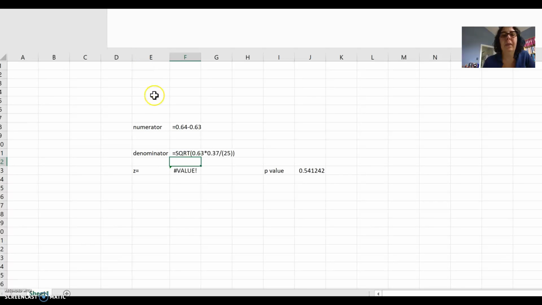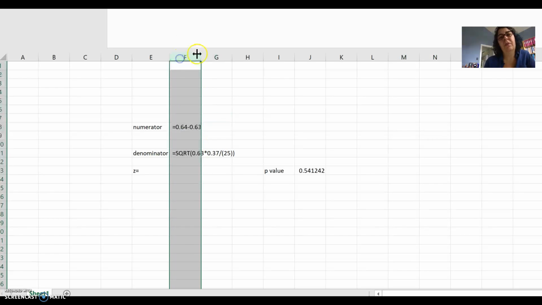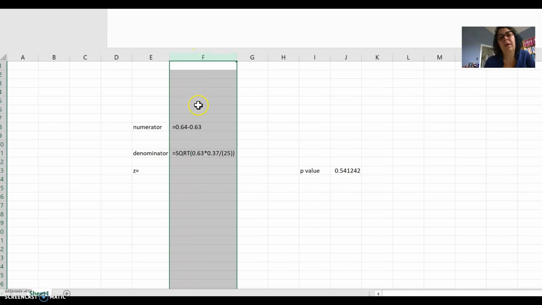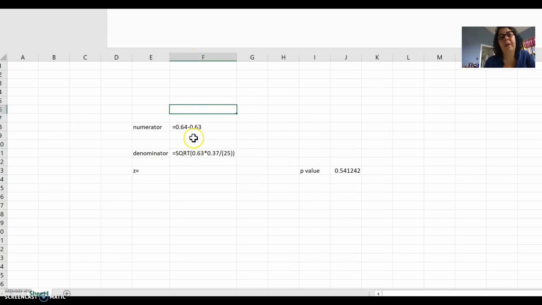And then for z, what I'm going to do here is divide those blue and red values. To make that appearance in Excel, I'm giving a gap.